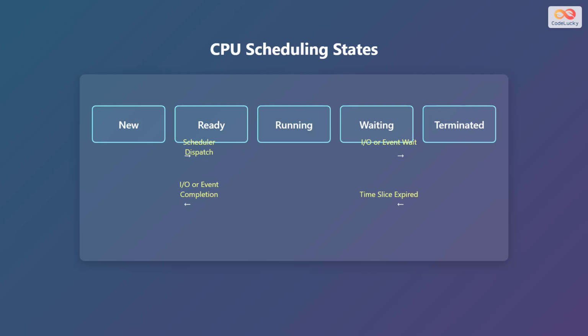During execution, a process may need to wait for input-output operations or some other event, in which case it transitions to the waiting state. Upon completion of the input-output operation or event, it moves back to the ready state. Finally, when the process completes its execution, it enters the terminated state. Also, a process in the running state may go to the ready state when the time slice allocated to it expires.